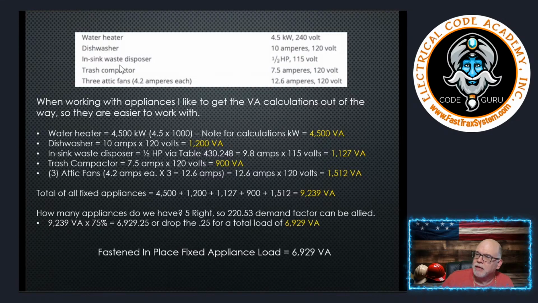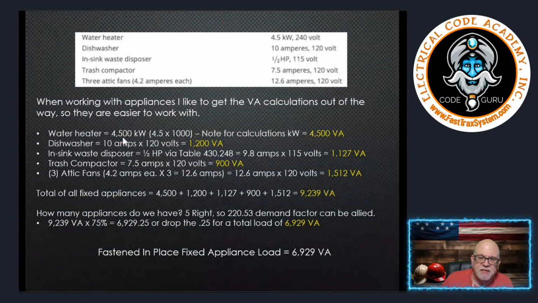All right, so here's your water heater, 4.5 kW. Y'all all know that kW is equivalent to kVA. I like to work things in VA because that's typically how we work things when we're doing a load calc. But essentially, the code tells you that they're synonymous. So 4.5 kW is equivalent. So if you see here, I've got 4,500 kW. The reason I put it this way is because most students know that in my program, I will mark that wrong.